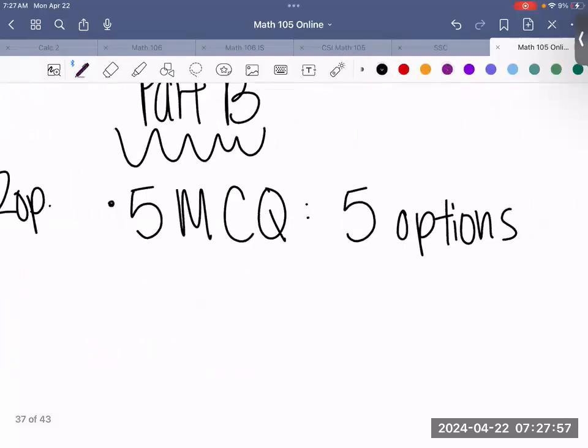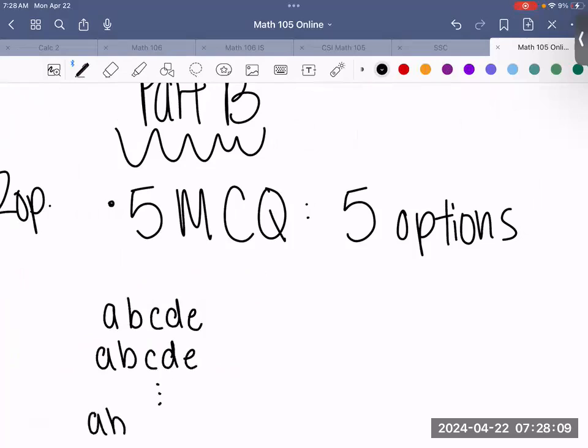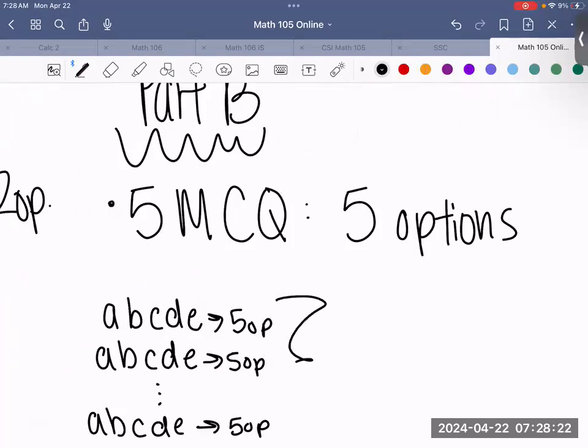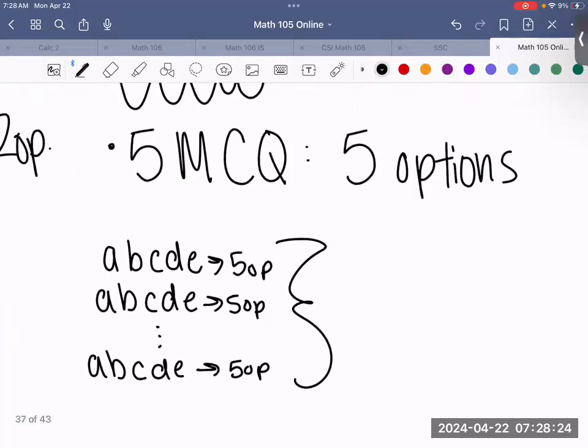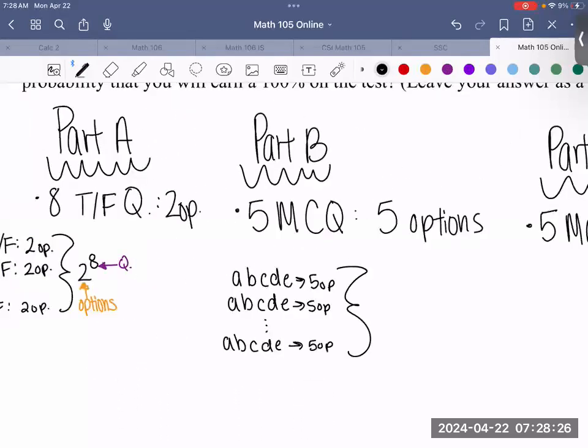Okay, so multiple choice. We have 5 multiple choice questions, each with 5 different options, A, B, C, D, E, and again, A, B, C, D, E. We have 5 options, again, 5 options. So instead of multiplying 5 times 5 times 5 times 5, find an easy way to put that into a formula.